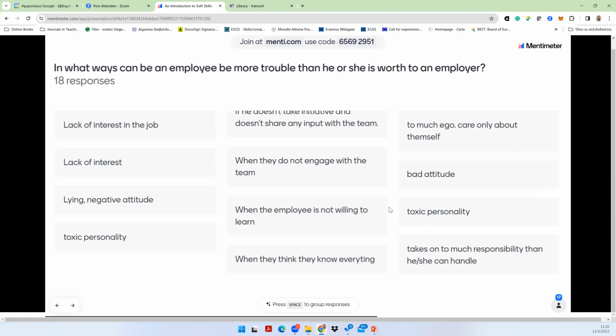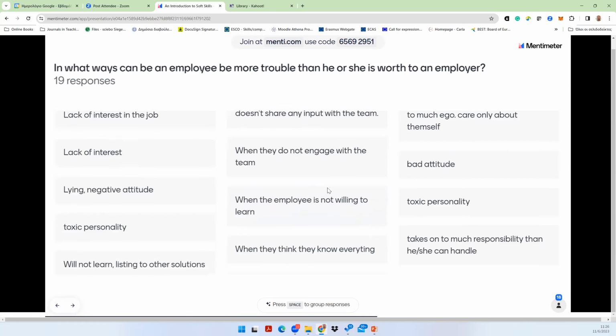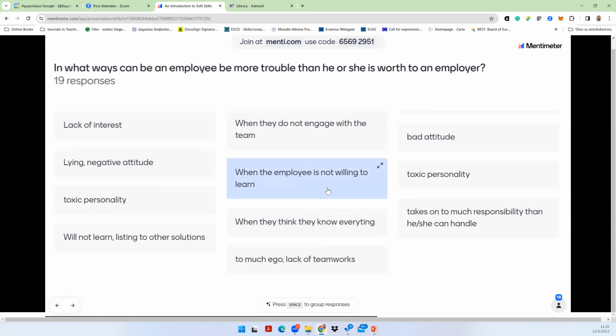I heard that story maybe from my friend who is working in a company, and there is this one person who has a bad attitude. So you really don't want to talk to this person because she always says some strange stuff.